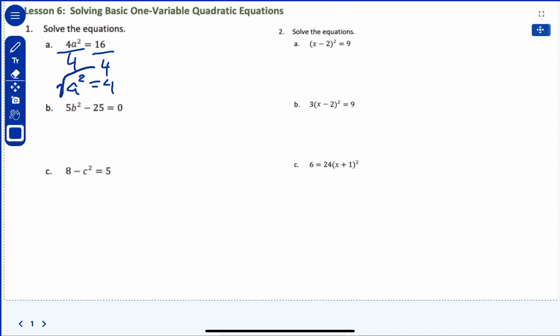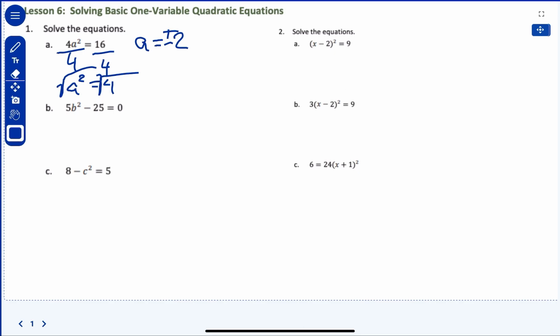Now we're going to square root it because we can't do anything else. And that leaves us with a equals 2 and negative 2. I told y'all this. There's two answers there. A positive 2 and a negative 2.